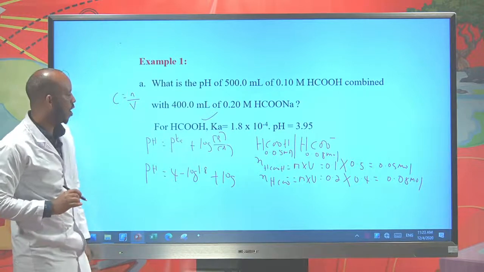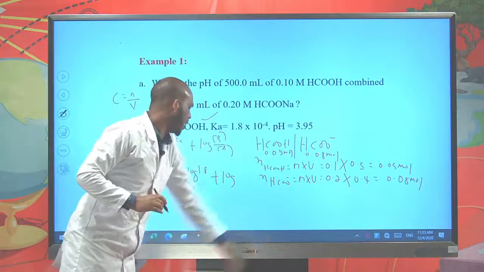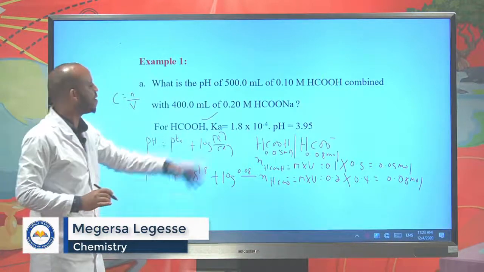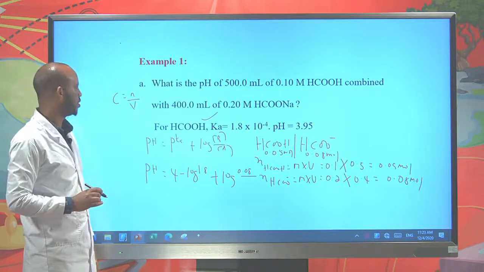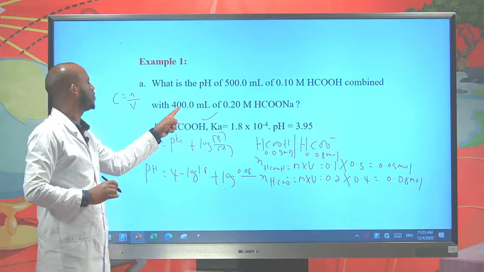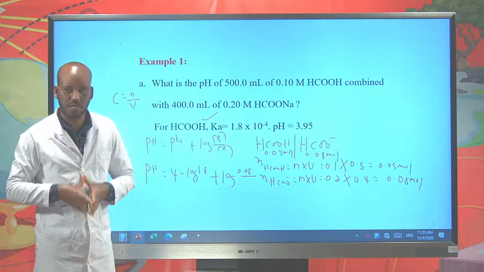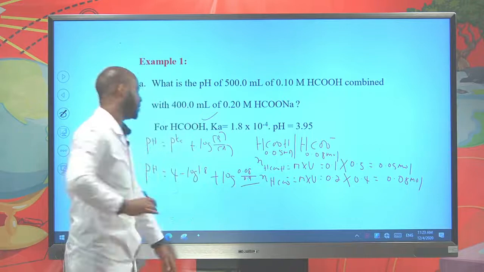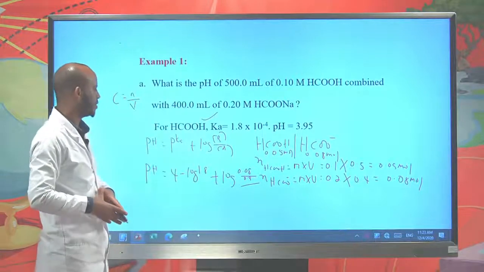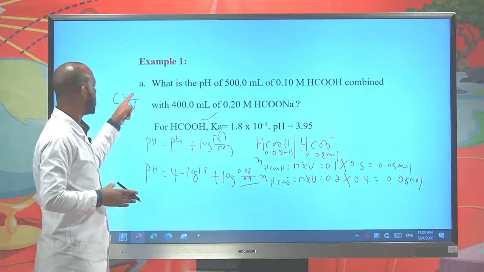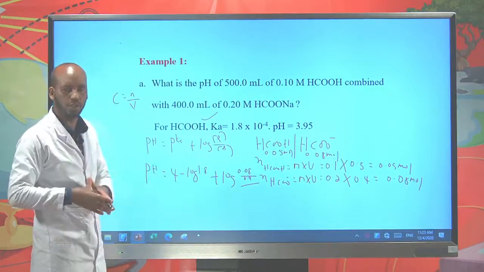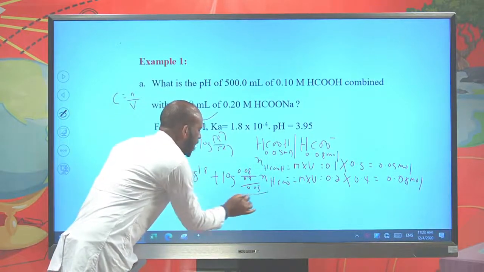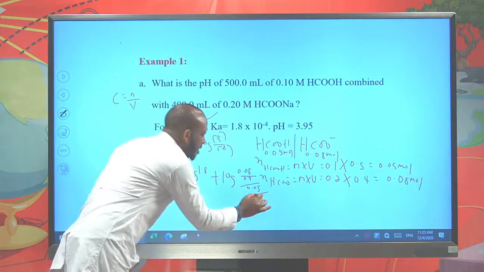The number of moles of formate ion is 0.08, divided by the volume of the buffer solution, which is 500 milliliters plus 400 milliliters, 900 milliliters. In liters, 0.9 liter, divided by the acid concentration, which is the number of moles divided by the total volume of the buffer solution. The number of moles is 0.05, divided by the total volume of 0.9 liter.